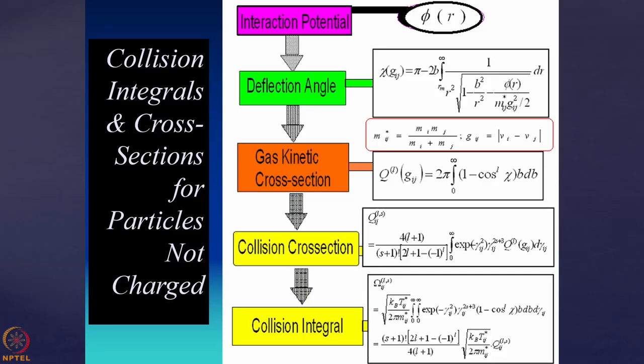So, it will be easier for us to generate those equations if we study the literature. Anyway, this is the route, and many of the collision integrals are already calculated and available in the literature. So, what you have to do is go to the literature and find how they look.